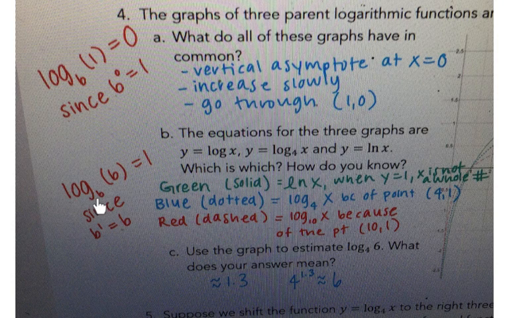And then right here, b raised to the first power is b. So if I'm taking log base b of b, we can think of that as canceling out and becoming a 1. So if I had log base 4 of 4, this is saying 4 raised to what power is 4.